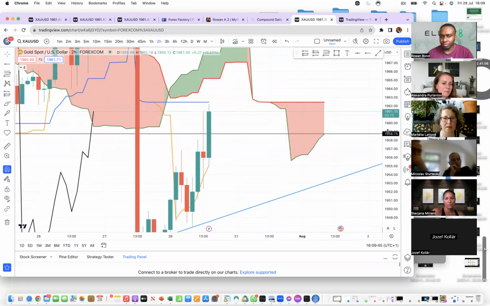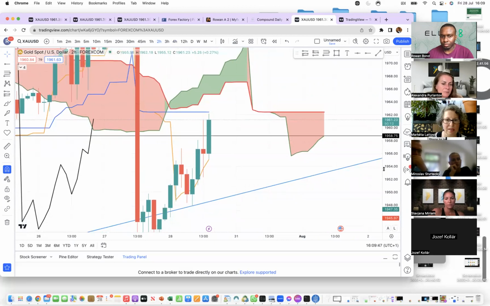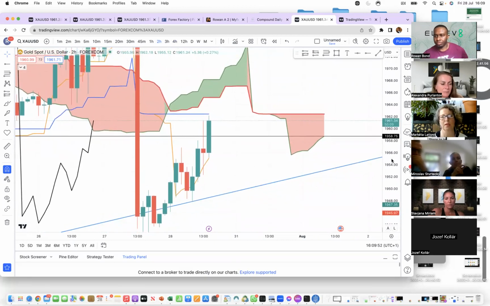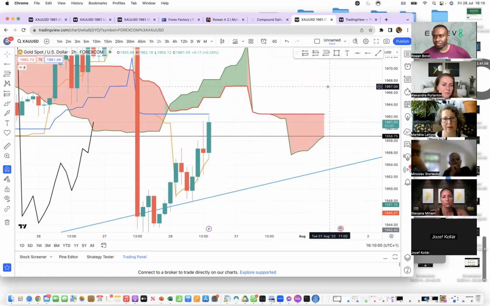What is likely to happen is it's going to come to this blue line and then start to sell.